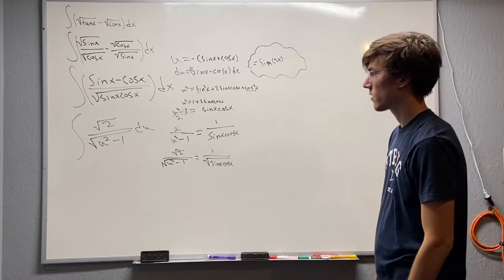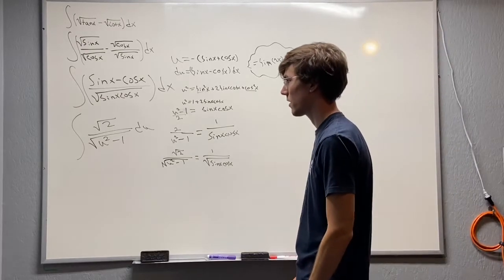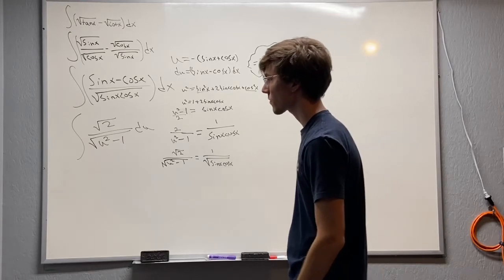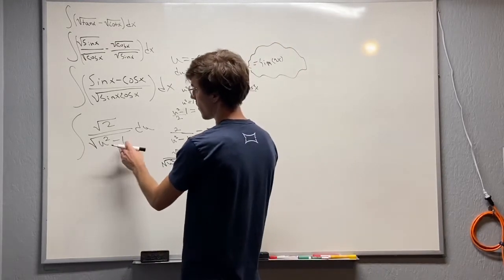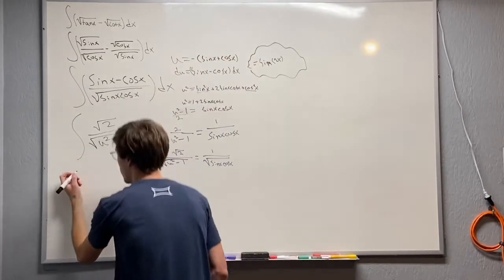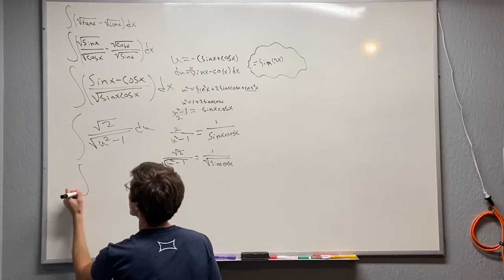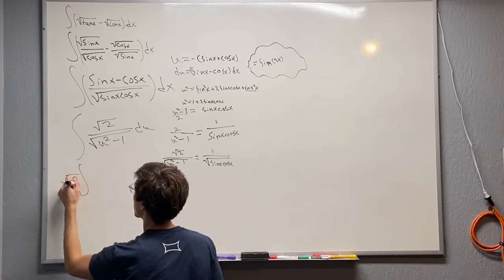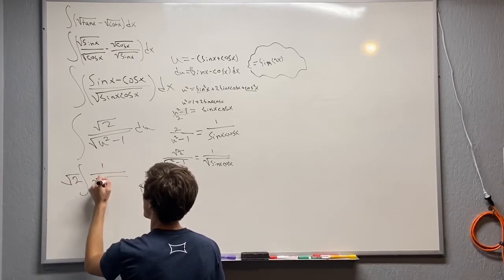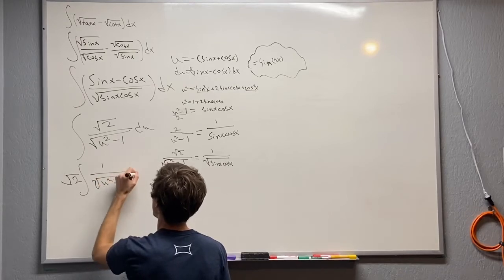And this, you probably are starting to see, is now going to be a trig sub. We've got a u under here, but first I think let's bring that out front. So the integral of root 2 of 1 over the square root of u squared minus 1 du.